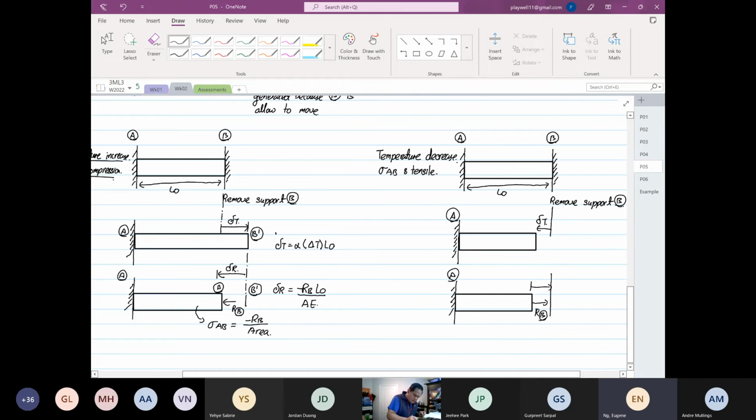And this is your delta R. For this case, delta R is equal to, now it's going to be in tension now, minus, multiplied by L naught over AE. So because RB over here is in tensile, stress AB is equal to positive RB divided by area. So that is why this is in tensile.